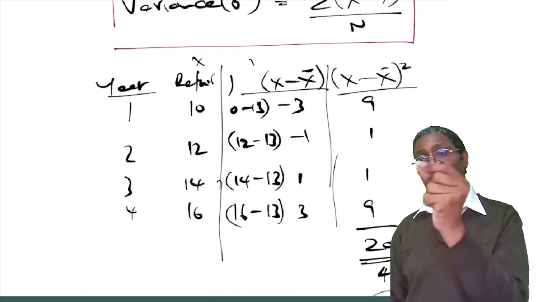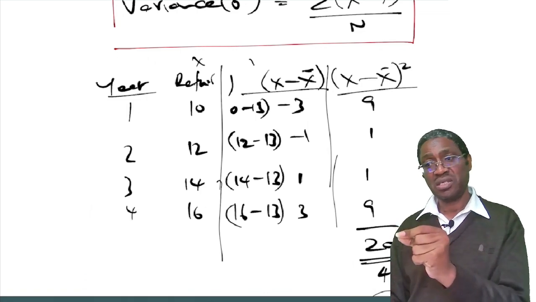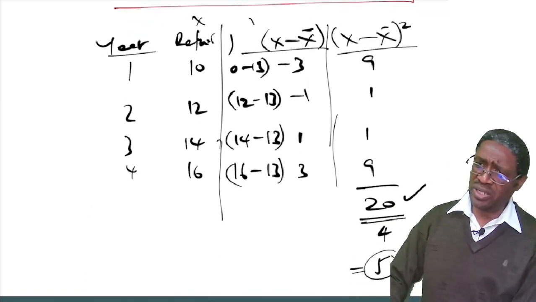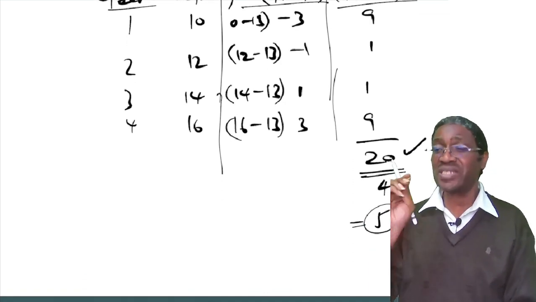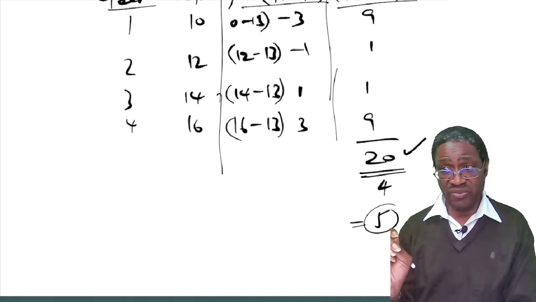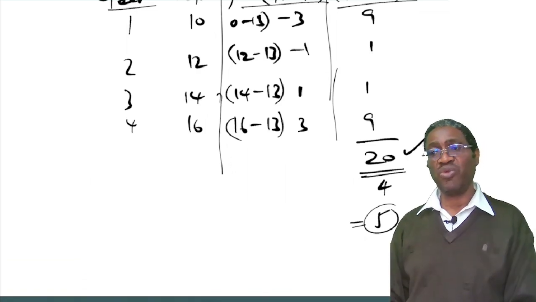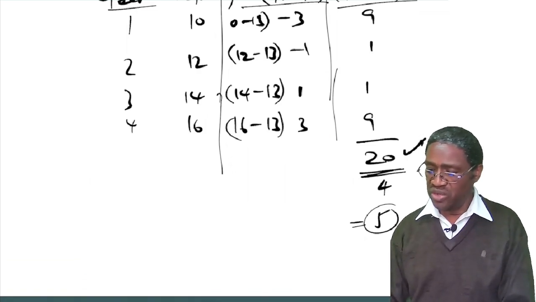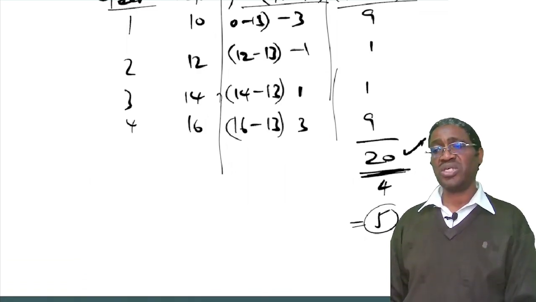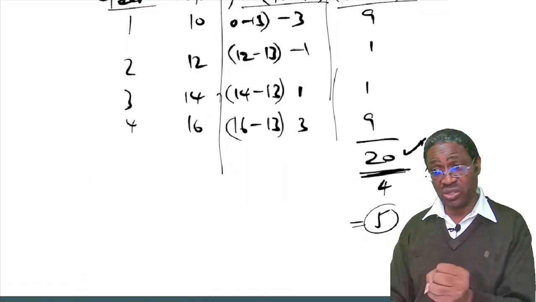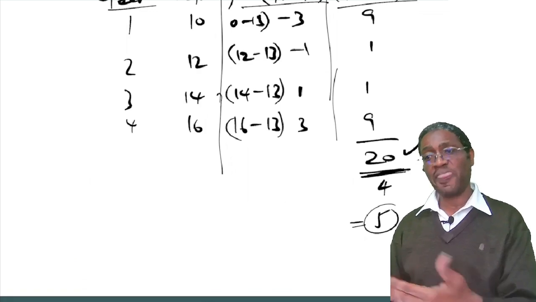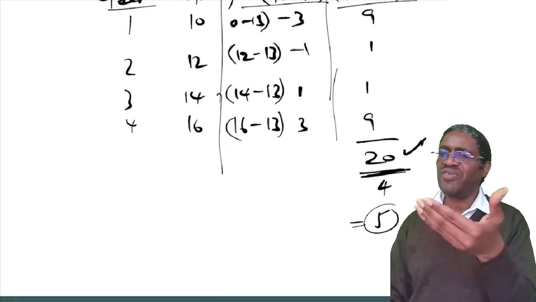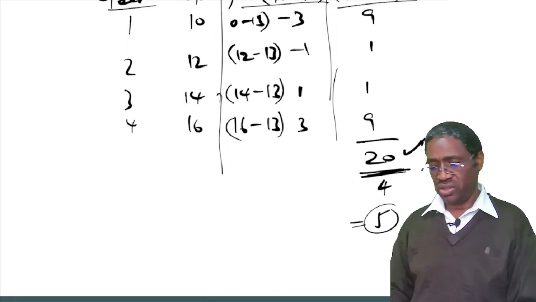Then you get the sum of those squared deviations, and you divide that by n, which is our number of observations, 4 years. It's like you're getting the mean of the squared deviation.